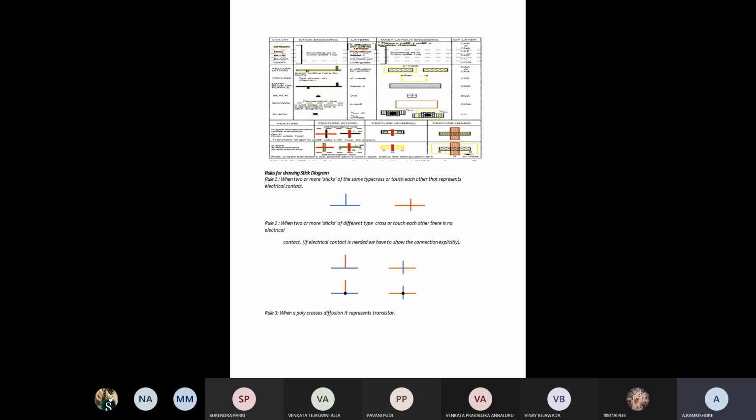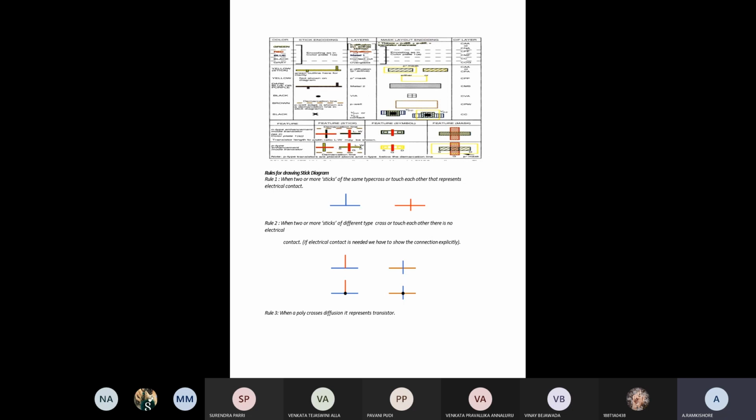That cross mark may be N diffusion or P diffusion or metal or polysilicon, whatever you are seeing. In this example, two colors are indicated: the blue color is the metal, and the red color is the polysilicon.